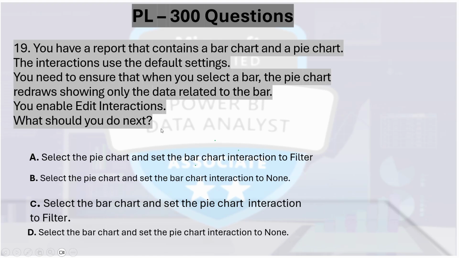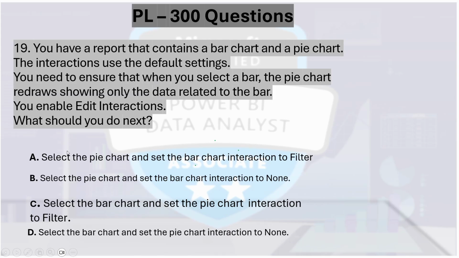What should you do? Okay, so you have a report that contains a bar chart and a pie chart, both charts. The interaction uses the default setting. You need to ensure that when you select the bar chart, the pie chart redraws so only the data related to the bar chart is enabled and interacts. What should you do?